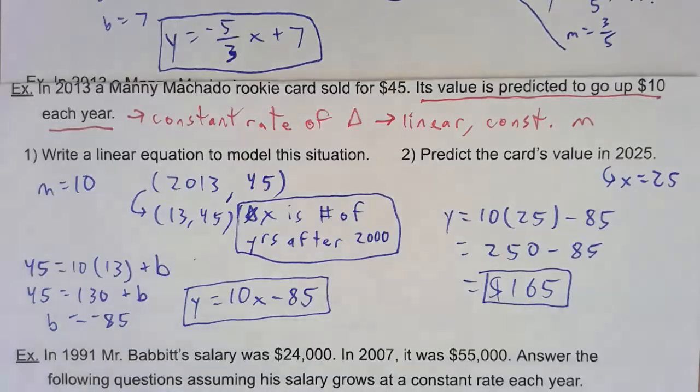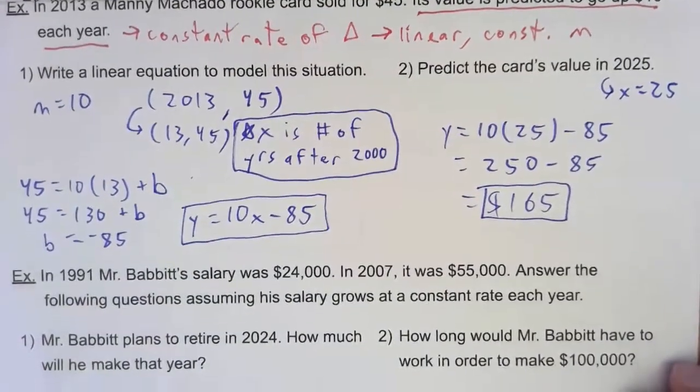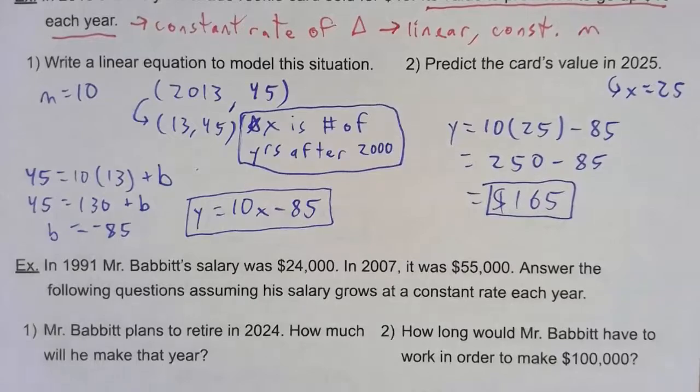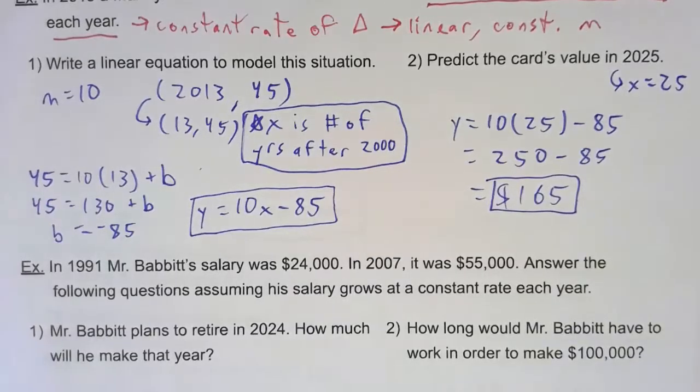There we go. All right, so I've got another example here that I'm going to have you give a try. This is about Mr. Babbitt. Mr. Babbitt is our math department chair, and he was my honors geometry teacher when I was at Helix as a student. He's been here for a while, and he wrote this problem early on. He teaches pre-calculus sometimes as well, and so he came up with this problem quite a while ago.